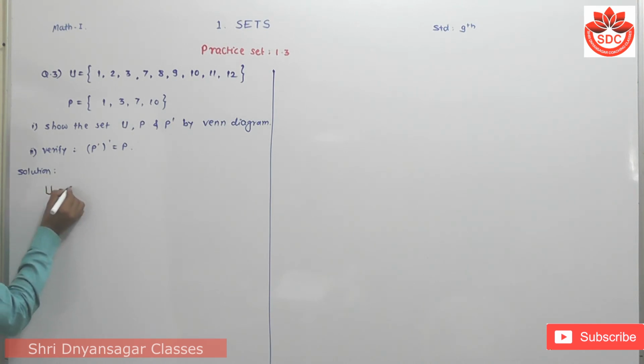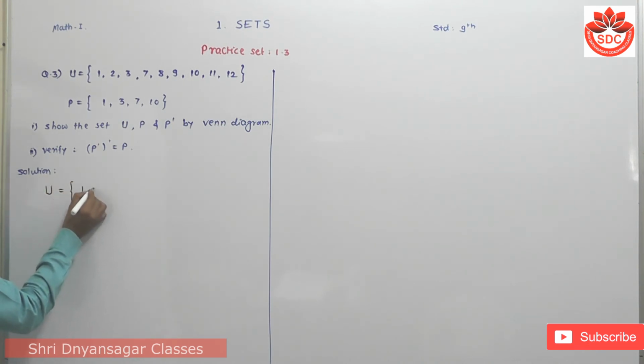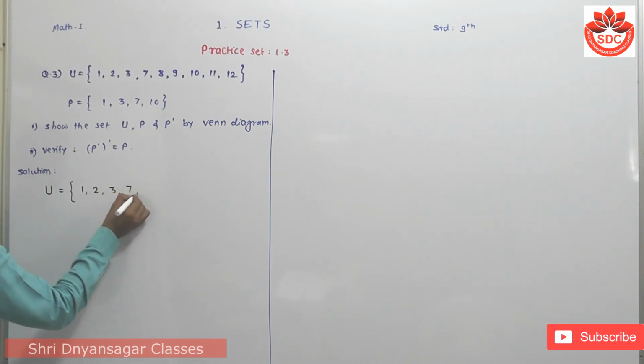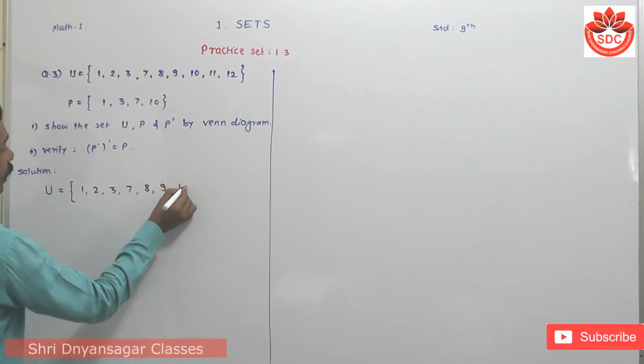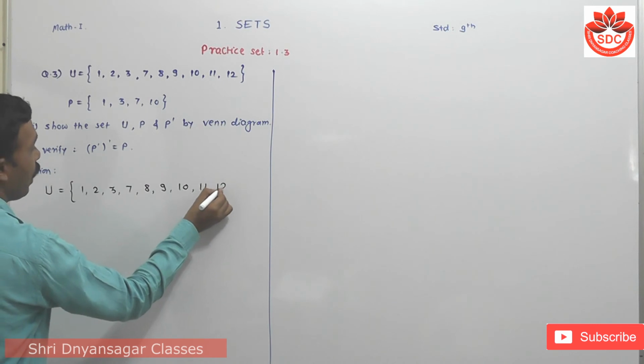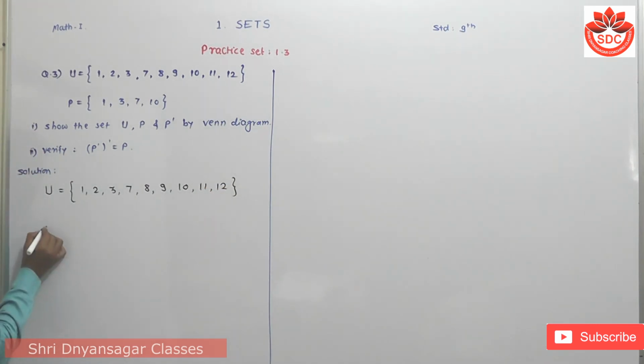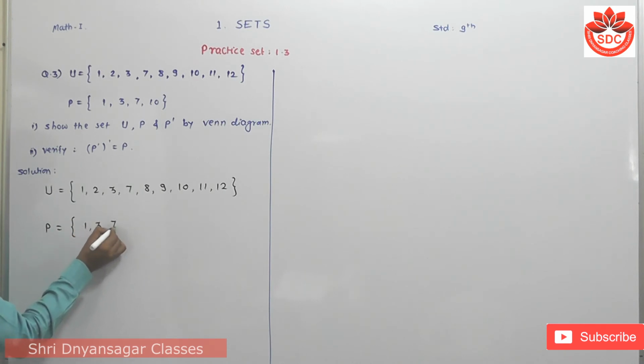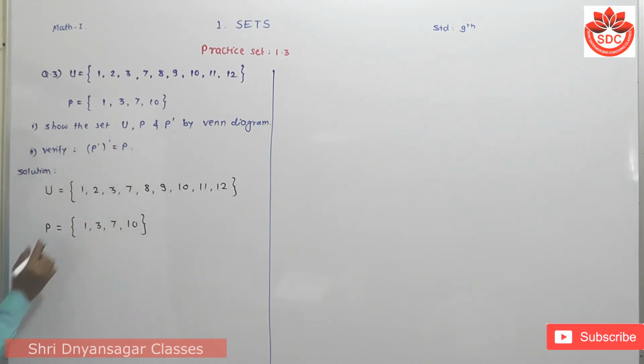U is 1, 2, 3, 7, 8, 9, 10, 11, 12. And P is 1, 3, 7, 10.